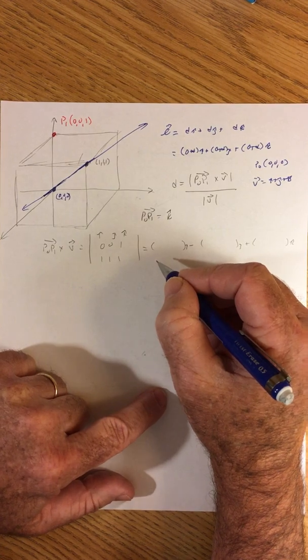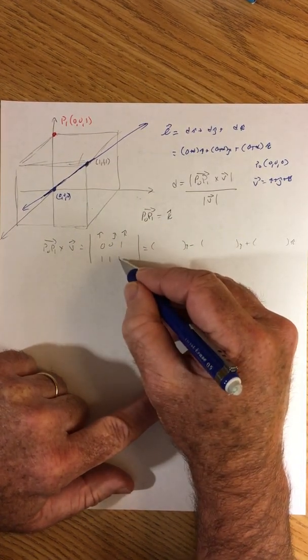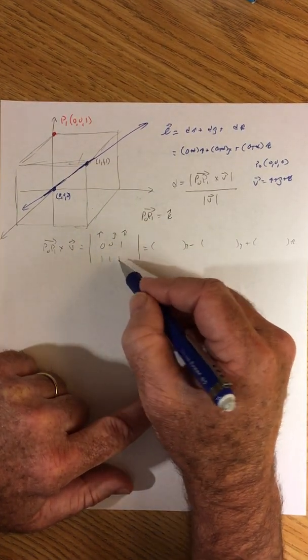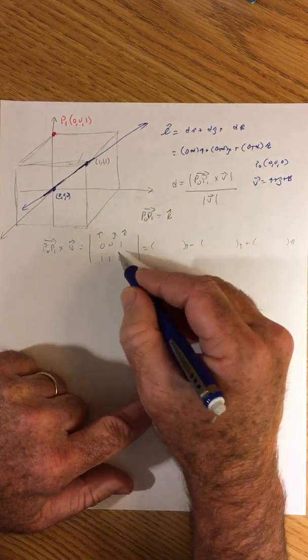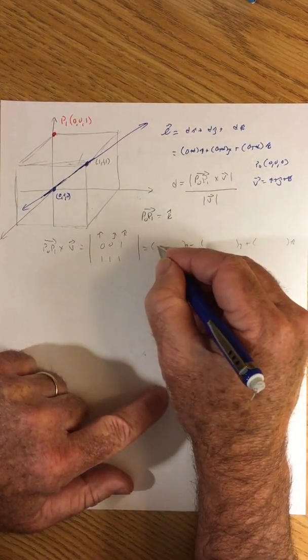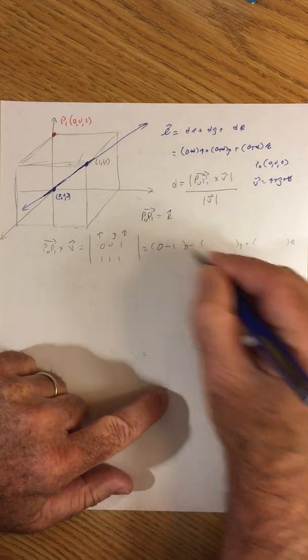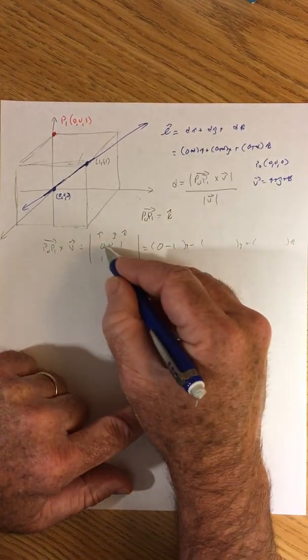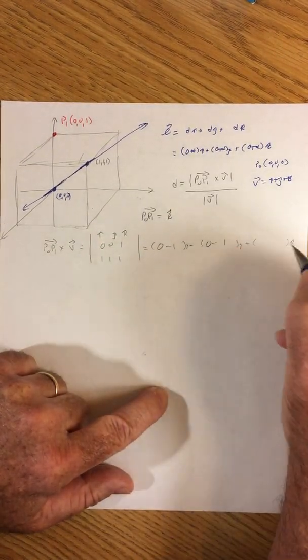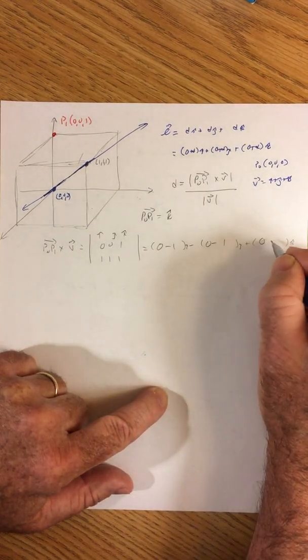Okay, so we're crossing K with this. Okay, so the I's are 0, minus 1. The J's are 0, minus 1. And the K's are 0, minus 0.